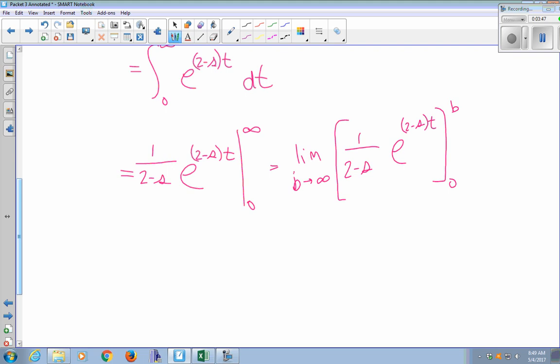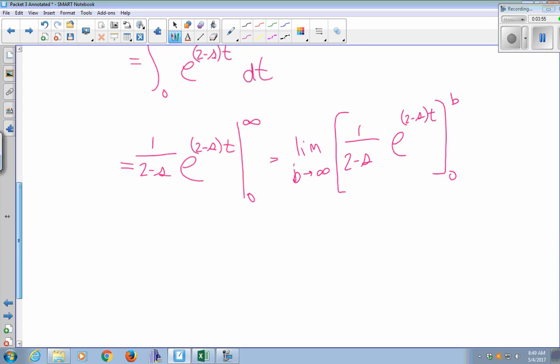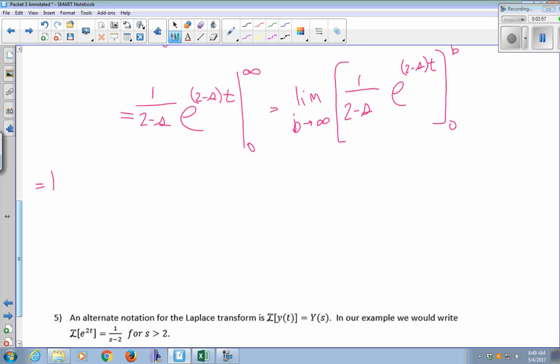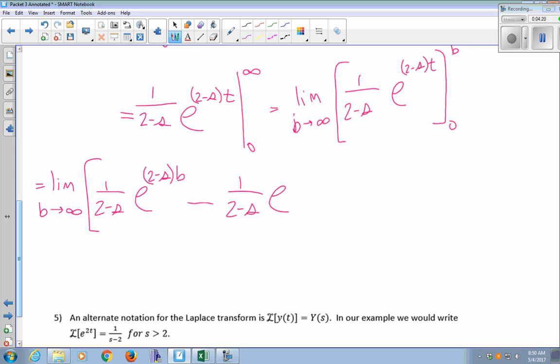You can't, because it's not a number, so I'm going to plug in a b, and after I'm done plugging it in, I'll take the limit as b goes to infinity. First I plug in a b for t: 1 over 2 minus s times e to the (2 minus s)b, minus, and now I plug in a 0: 1 over 2 minus s times e to the (2 minus s) times 0.